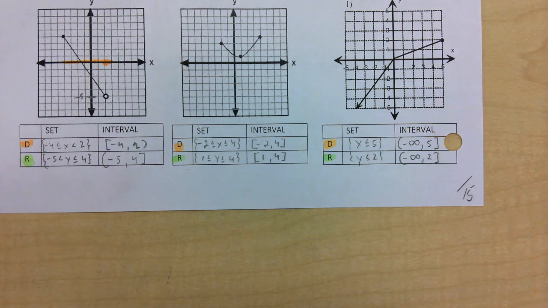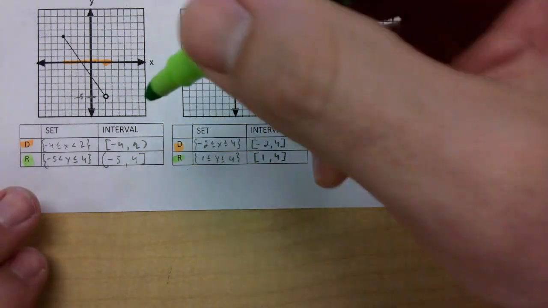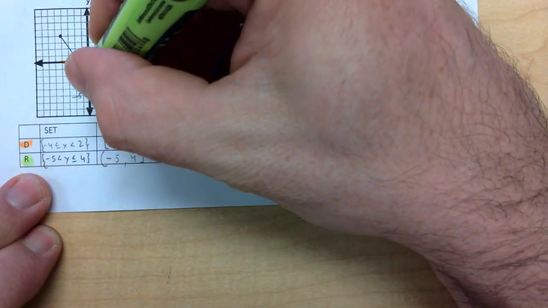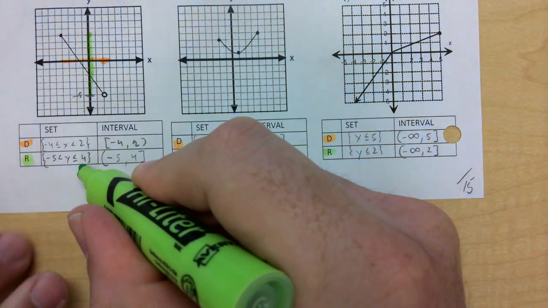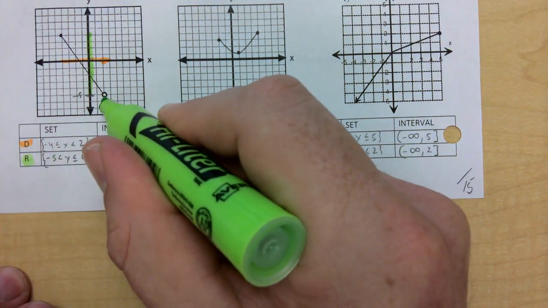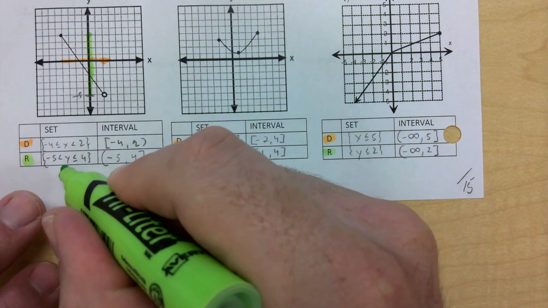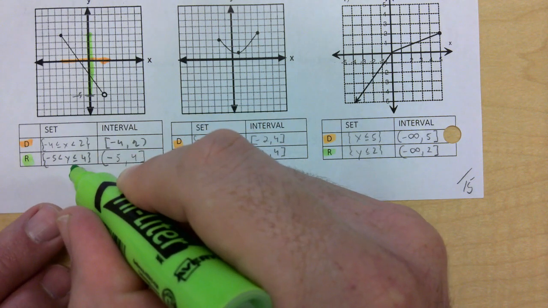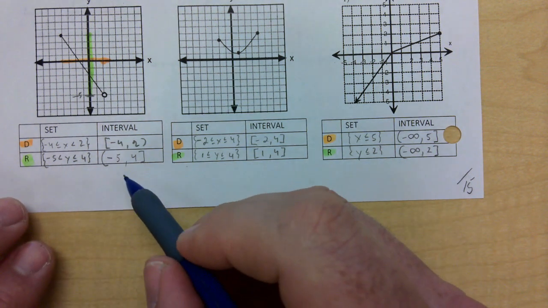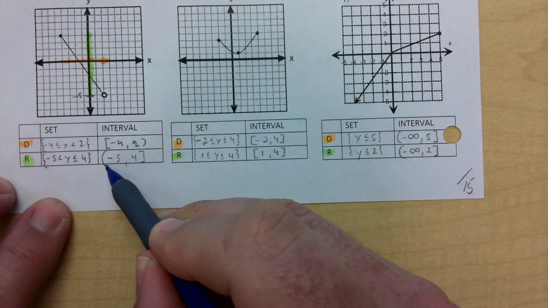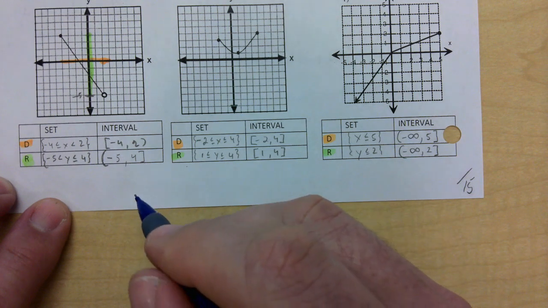For the range, in this particular case, start at the bottom. You go from -5 all the way to +4. -5 is not included, 4 is. So you got to watch out for the equal, right? If it's not included, do not do the equal sign. And here for brackets, it's that, right?